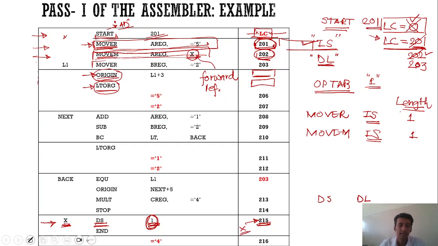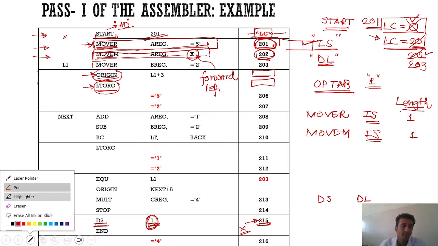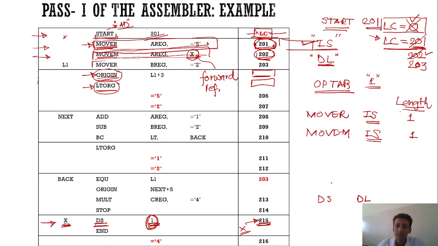Now let us consider another example where we have X DS 4, and the current LC is, let us assume, 210. So it means X is pointing to the location 214, and for X total 4 memory locations are reserved starting from 210.